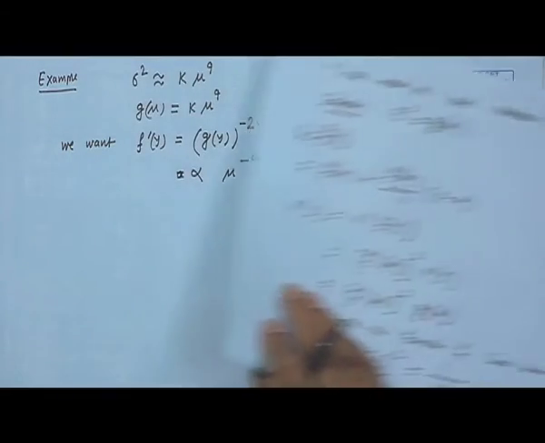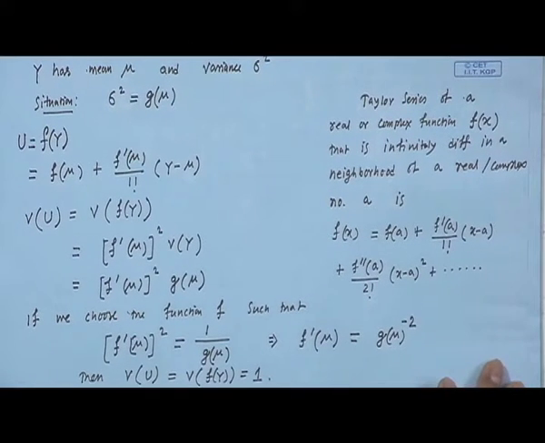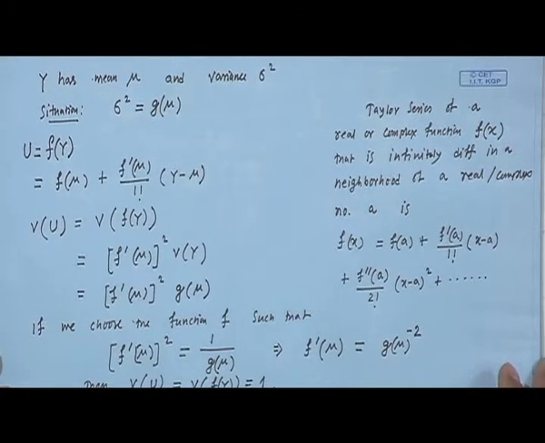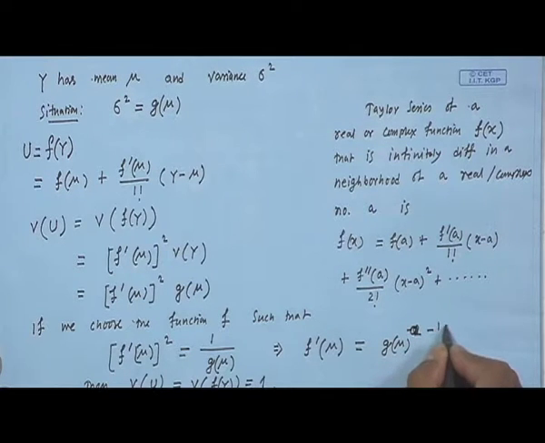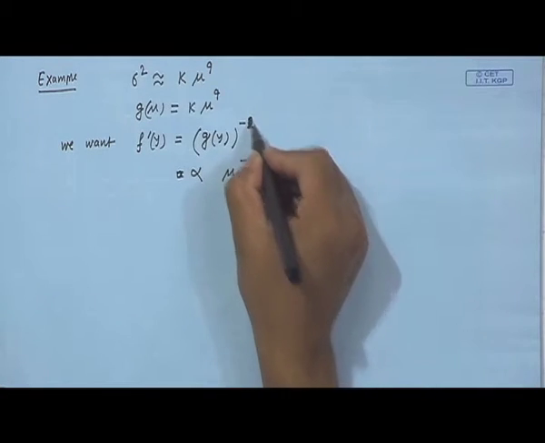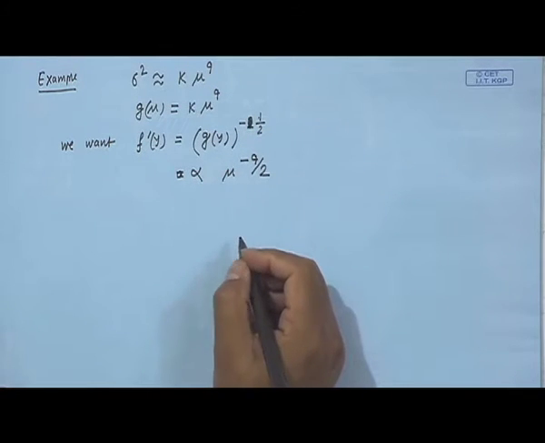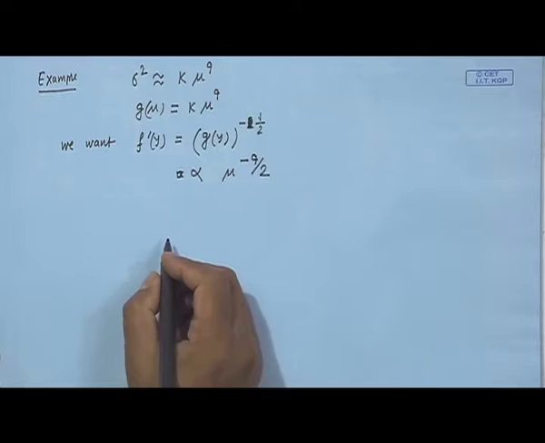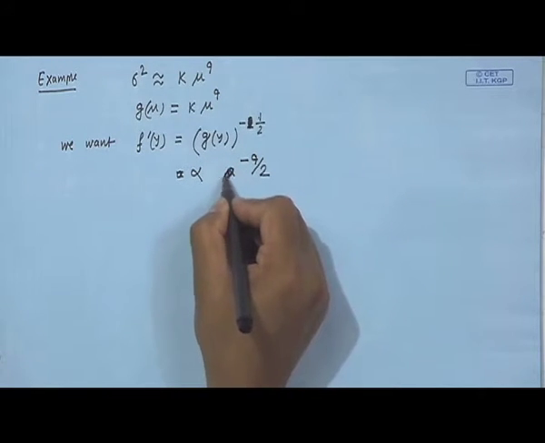Let me check, maybe I have made some mistake here. Okay, so I made a mistake here. So f prime(mu) is proportional to mu to the power of minus q by 2, that is, to the power of minus half of this quantity. So, we want a transformation f such that this is true, and this is y.